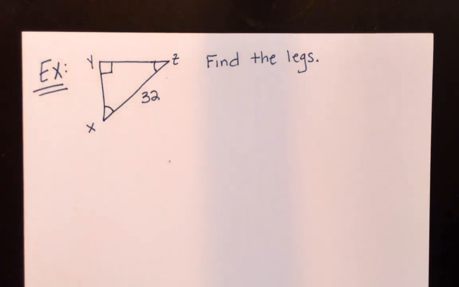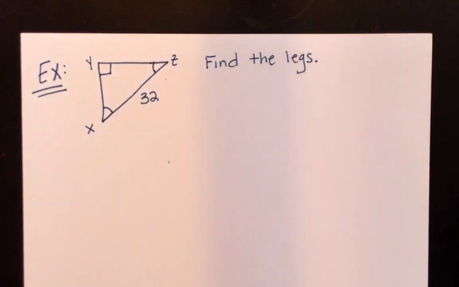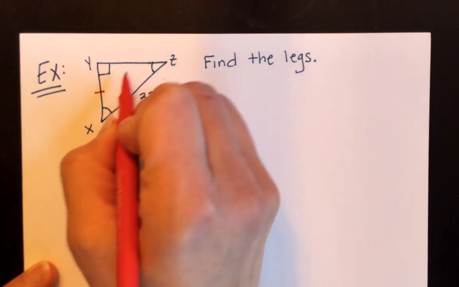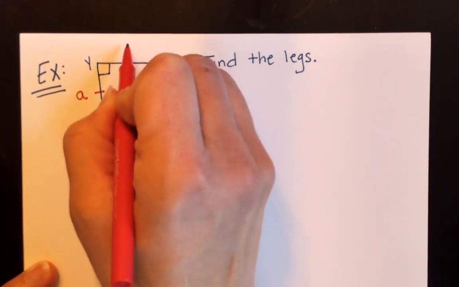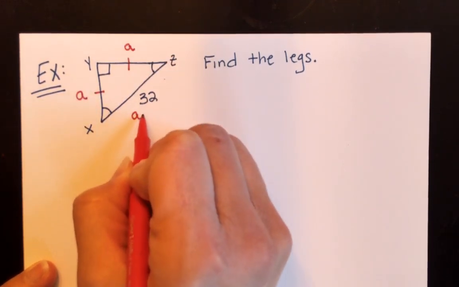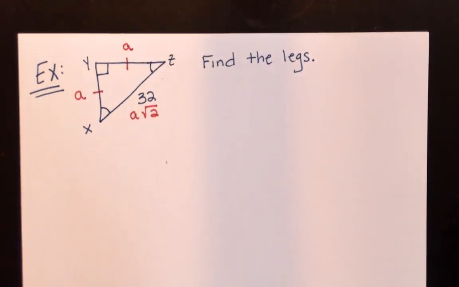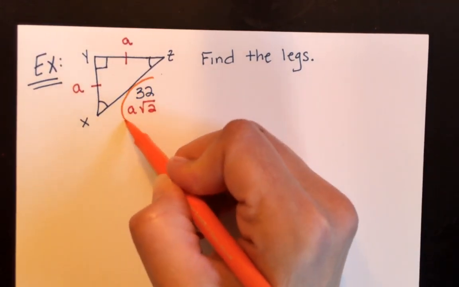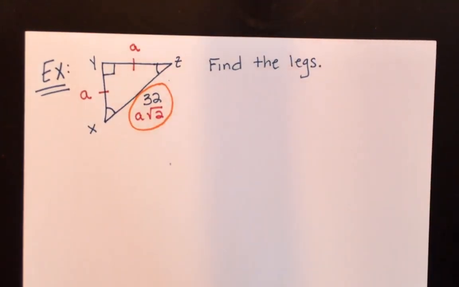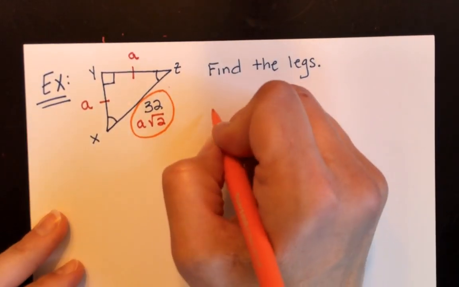I am not going to do the Pythagorean theorem. I'm going to just do the special right. I know that my special right formula is A radical 2. I know that since this side has the number from the problem and the formula I wrote, I am going to set them equal to each other.